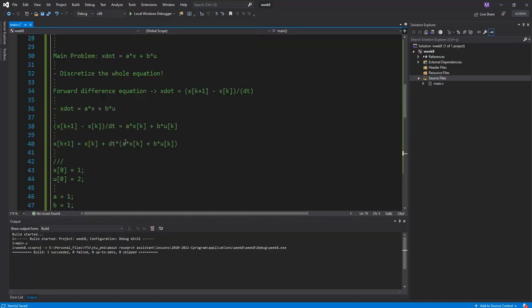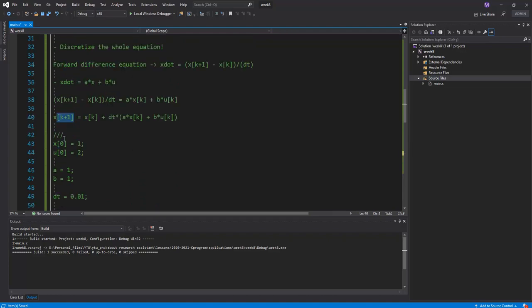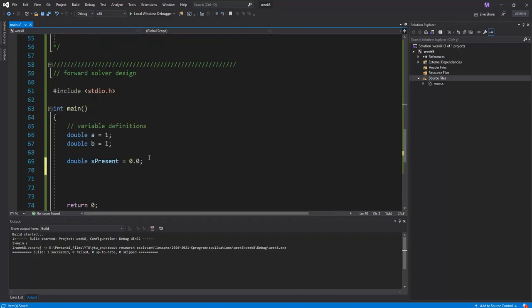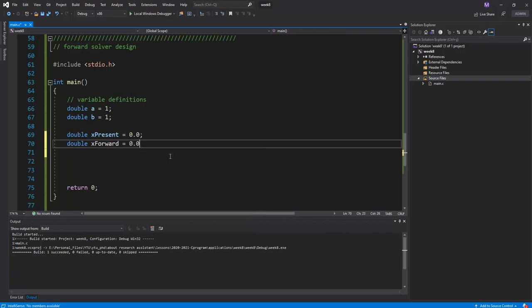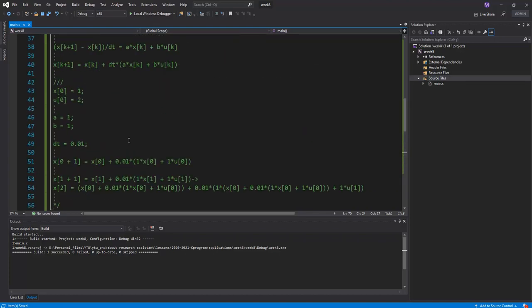And so what about this? The x k plus 1 is also another variable in our code. It's the double x forward, okay? And so it may also be initialized by 0.0, okay, in the double type.